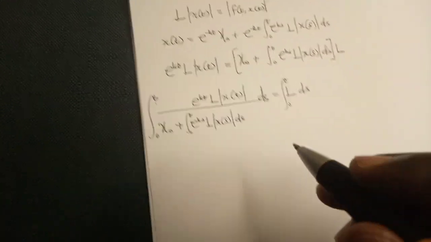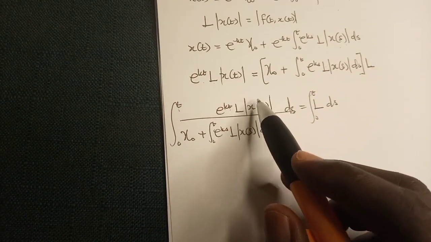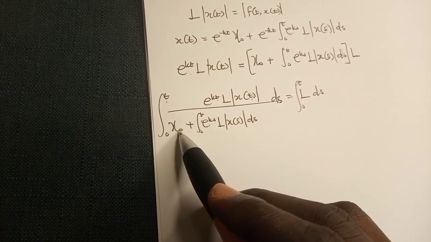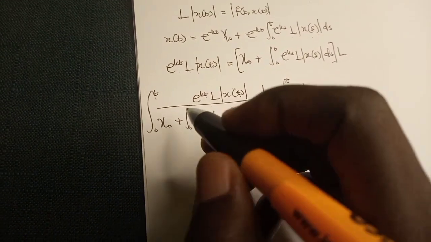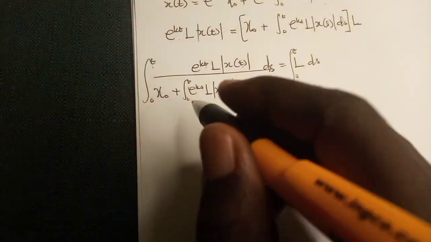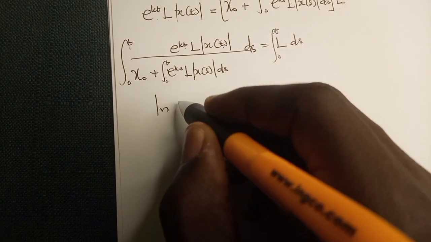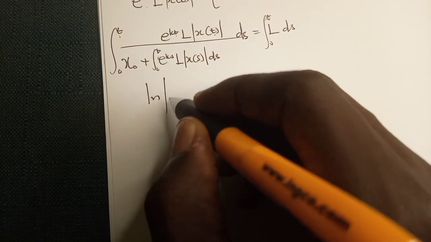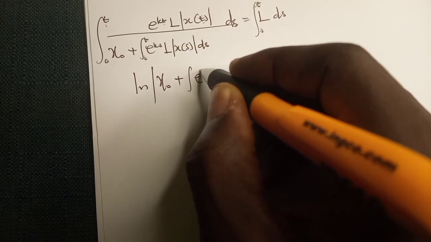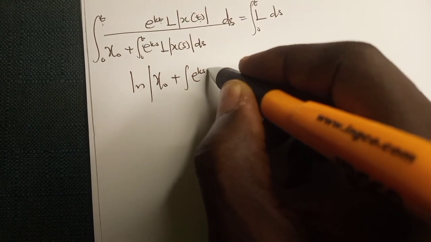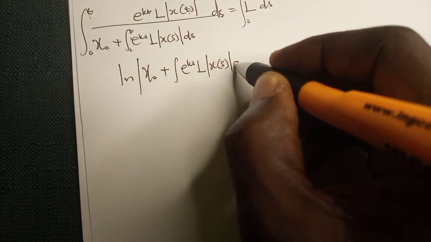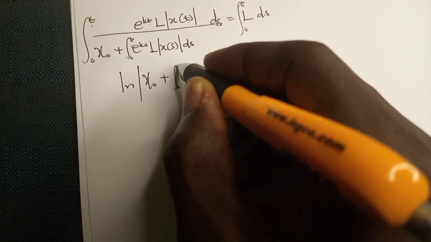Since this and this are the same, this will go out, leaving the ln of the denominator. So we have the ln of x naught plus the integral of e exponent ks l x of s ds, from 0 to t.